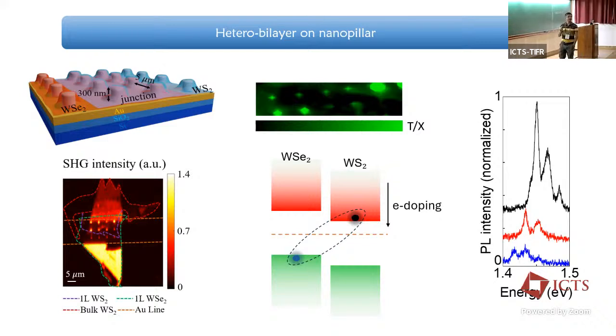So this is one interesting feature, and I guess it is open for discussion, how this kind of strong SHG signal comes out from this heterobilayer, which is highly strained. Of course, there is an inversion symmetry breaking, but beyond that, if there is something else happening, it is worth looking at.